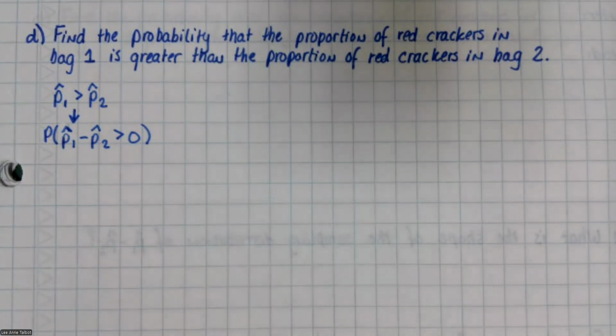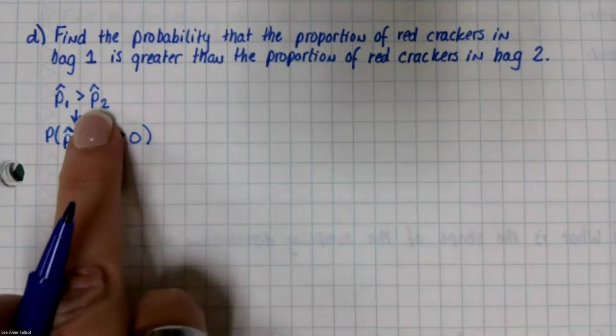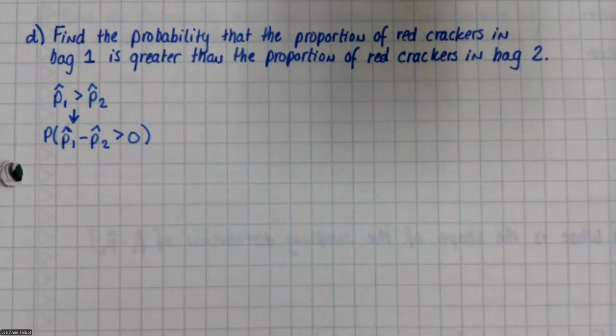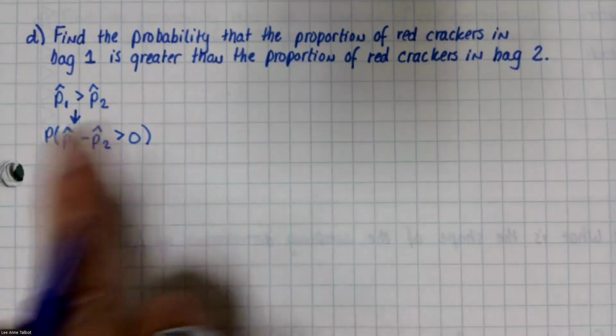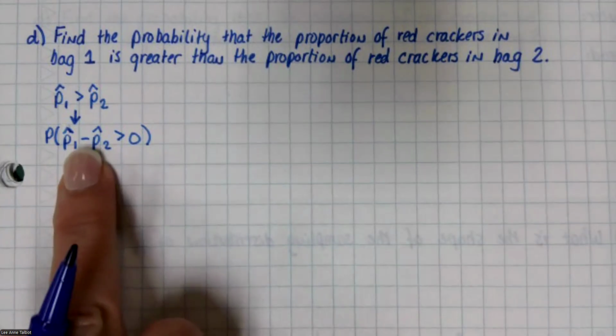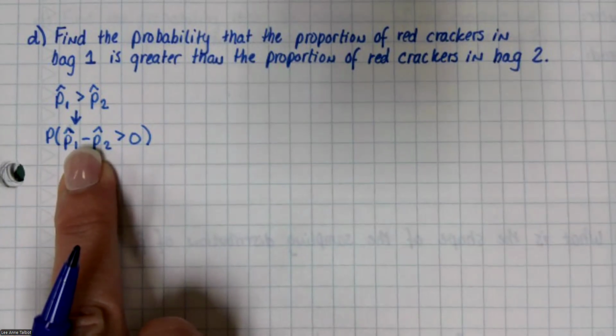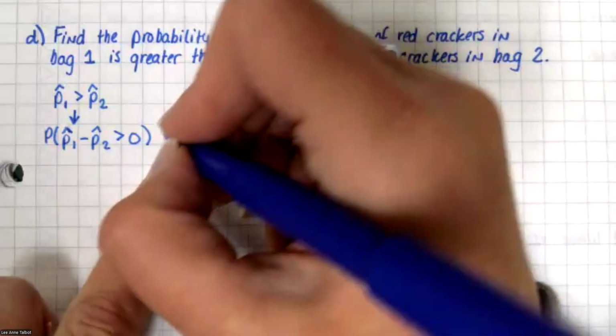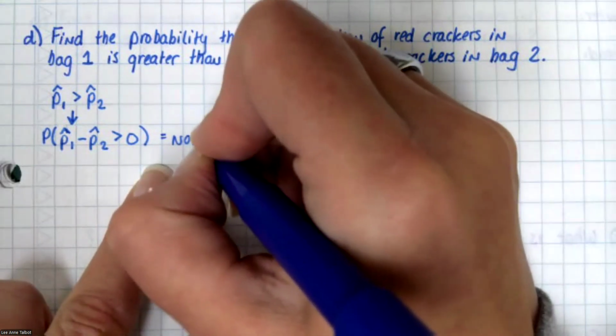Okay. Do you see what I did? I minused p hat 2 from both sides. Okay. And I minus p hat 2 from both sides because I actually have the mean and standard deviation of this and I can find where this is greater than 0. Okay, so normal CDF.